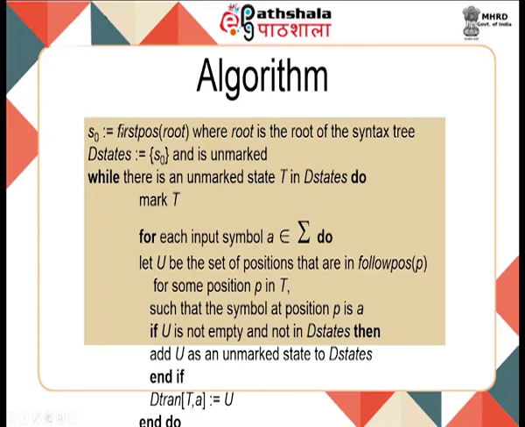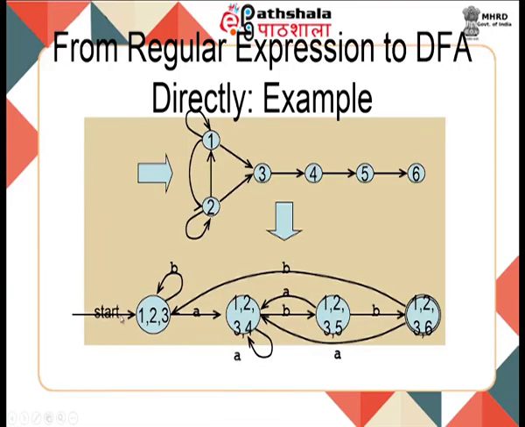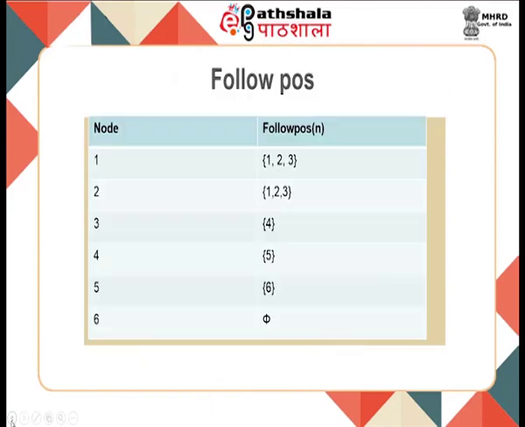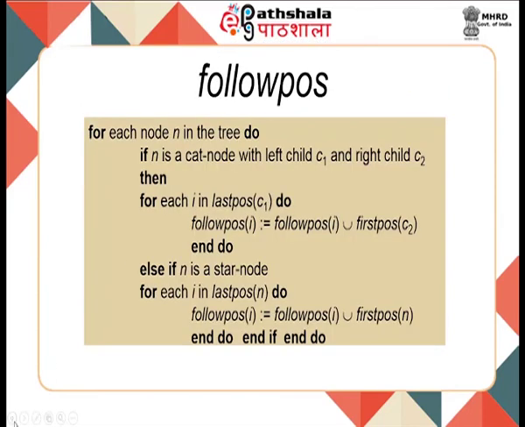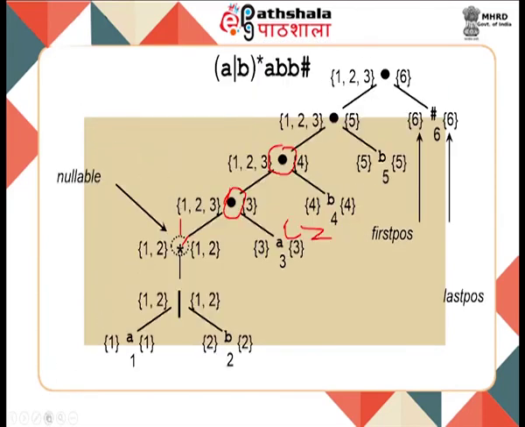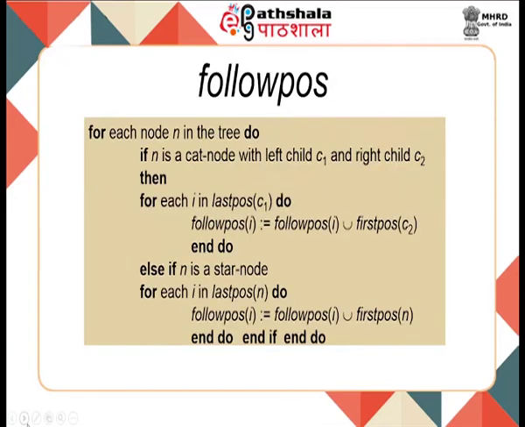automata. So, let us look at S0, which is the first position of the root, where root is the root of the syntax tree, and D states, the states are going to be S0 and is basically unmarked. So, what do we do here? Look at the root. The root has the first position as 1 comma 2 comma 3. So, that will correspond to your start state. Okay.